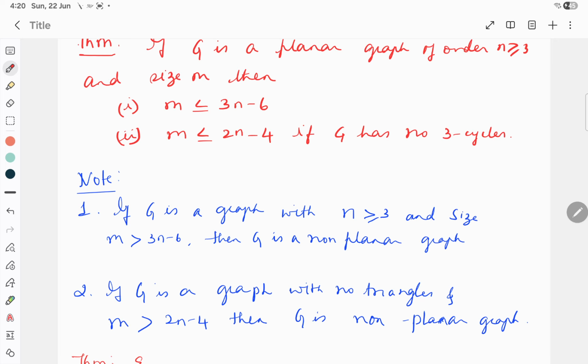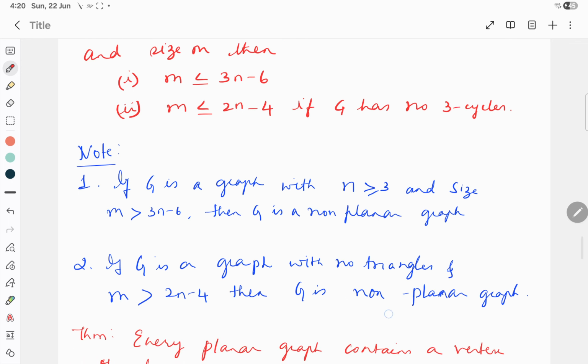Then the second point, if G is a graph with no triangles, so it is the negation of the second condition of this theorem, with no triangle and m greater than 2n minus 4, then G is a non-planar graph.